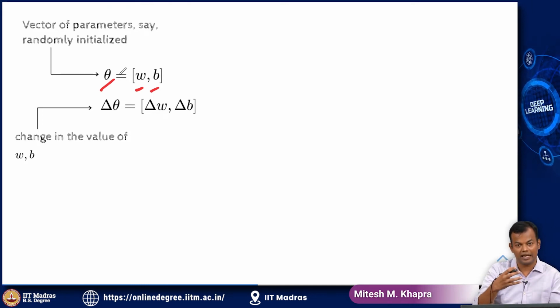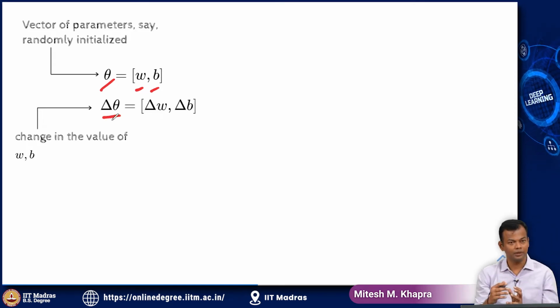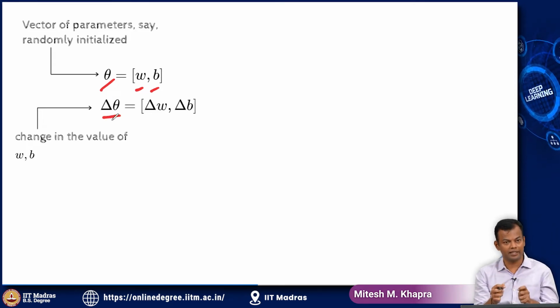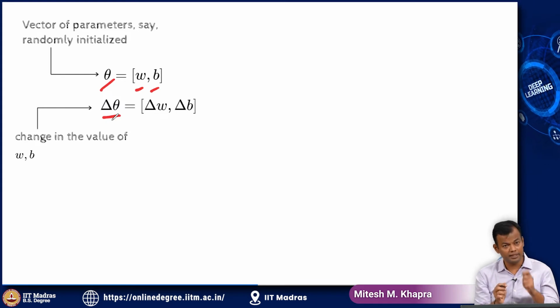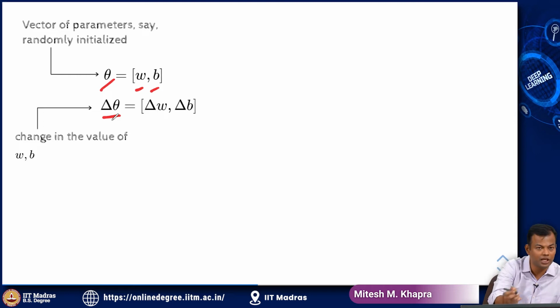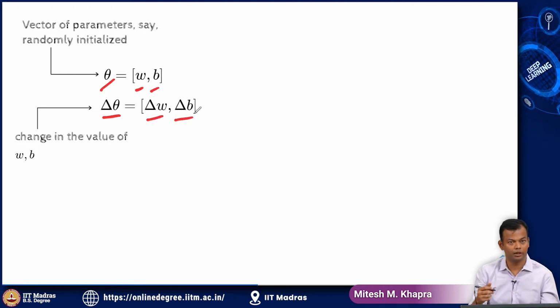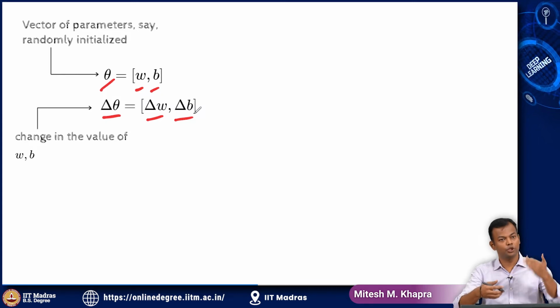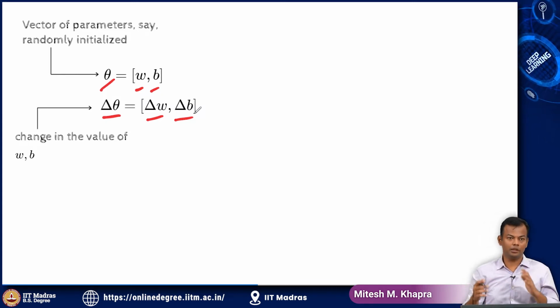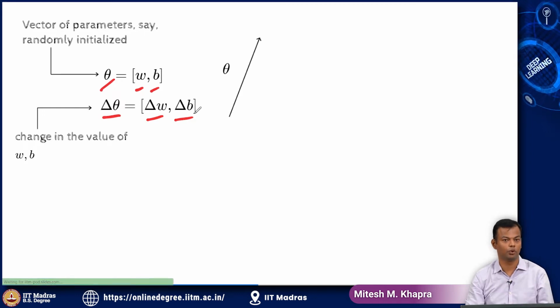And I want to know how much to change it so that at this step at least, I'm looking at it one step at a time, the error should decrease. So I'm looking for that change in theta, which is nothing but a change in w and a change in b, so that I get a new value of theta, and then my loss has hopefully decreased. I'm not sure of that yet, but that's the goal.